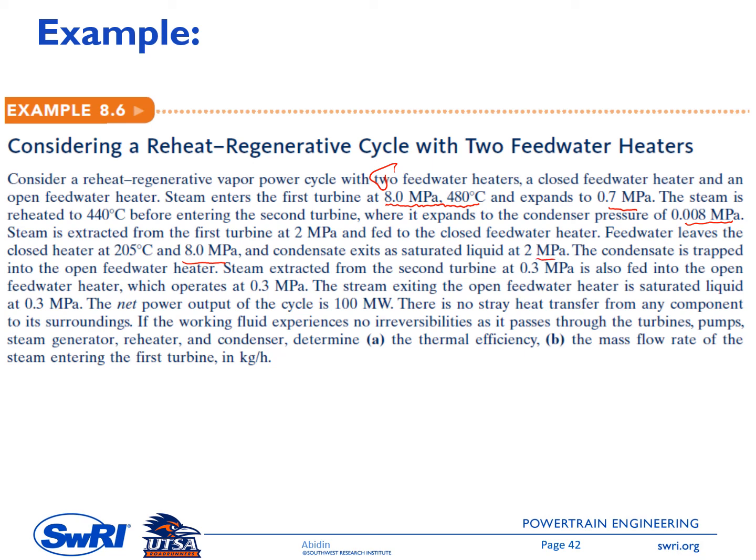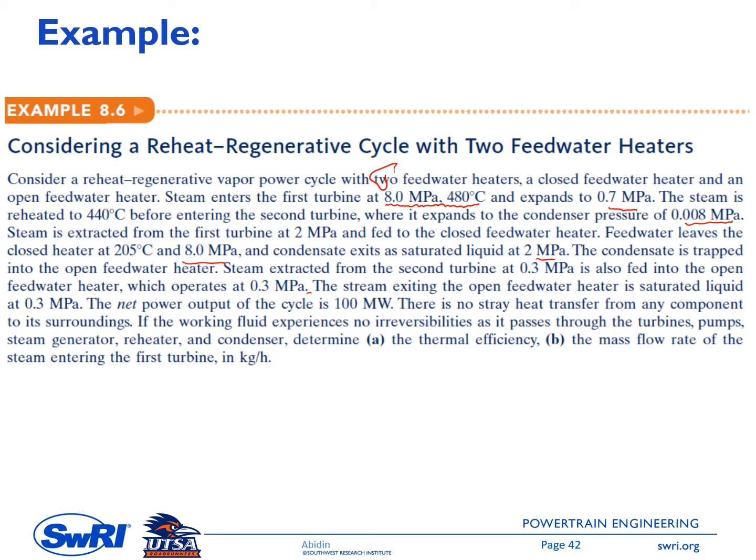The condensate is trapped into the open feed water heater, so it goes to the lower pressure level. Steam extracted from the second turbine at 0.3 megapascal is also fed into the open feed water heater, which operates at 0.3 megapascal. The stream exiting the open feed water heater is saturated liquid at 0.3 megapascal.